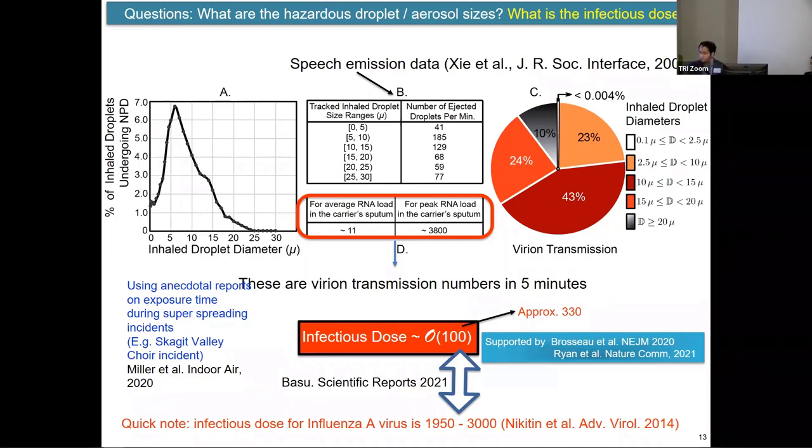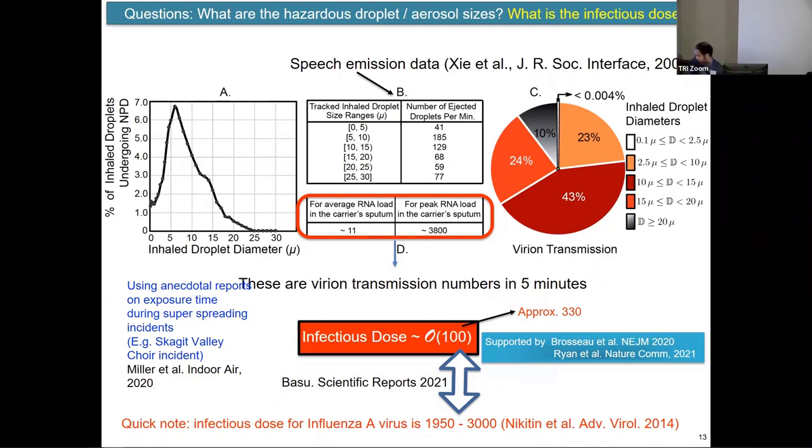But this is a paper that we used from the early 2000s. They had the size distribution for respiratory ejecta. And from the CFD simulations, which I showed at the beginning, we can figure out which of these droplets, and how many of them, are going to end up at the nasopharynx. Once we know that, then from the mathematical model from the previous two slides, we can figure out the viral load that would be carried by these droplets.